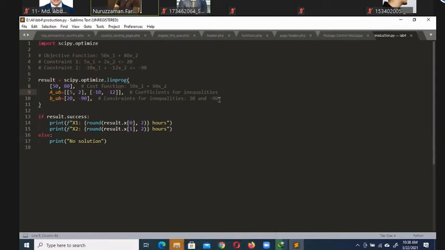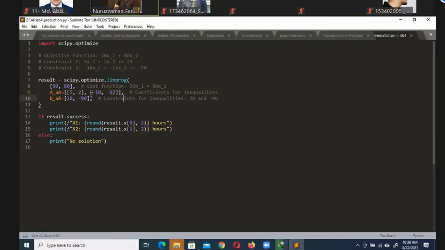Because here the inequalities and the constraints are written in a different way, in a separate line. In the first constraint equation, 5 and 2 are the coefficients. In the second constraint, minus 10 and minus 12 are the coefficients. They are written as a list of lists.